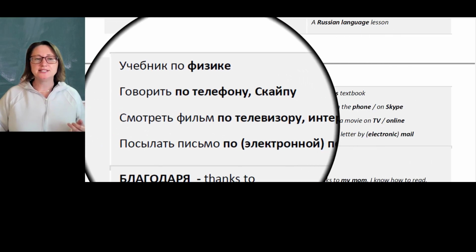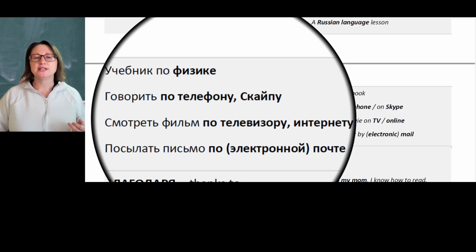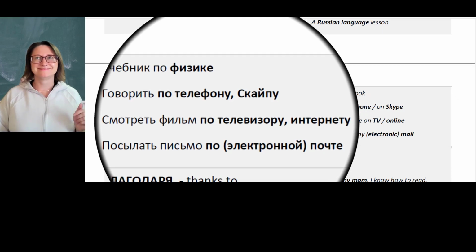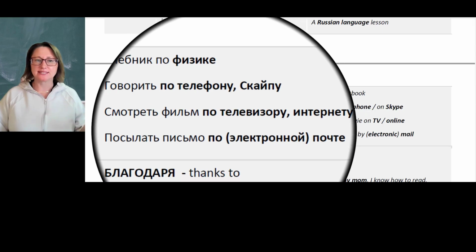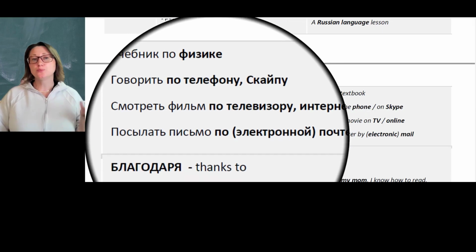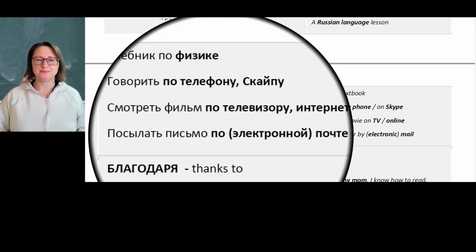So говорить по телефону, говорить по скайпу, смотреть фильм по телевизору, смотреть фильм по интернету. Now, via internet, we can also say в интернете or на Netflix. There are different ways to express it, but one of them is по plus dative, по интернету. A little bit old-fashioned, I would say. It sounds a little bit old-fashioned. Посылать письмо по почте. So once again, send a letter via mail or по электронной почте, via email.